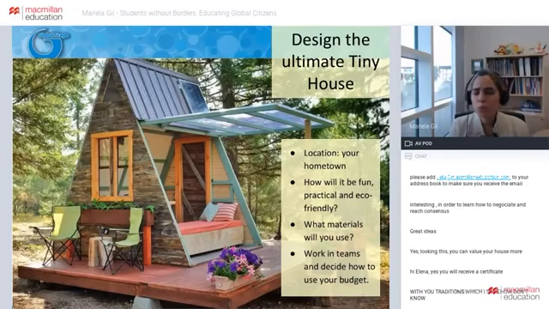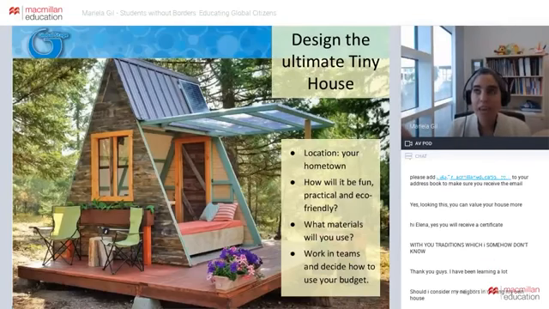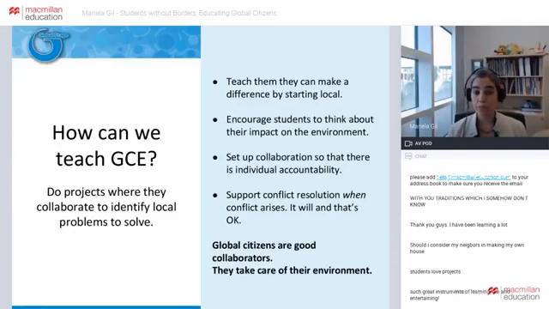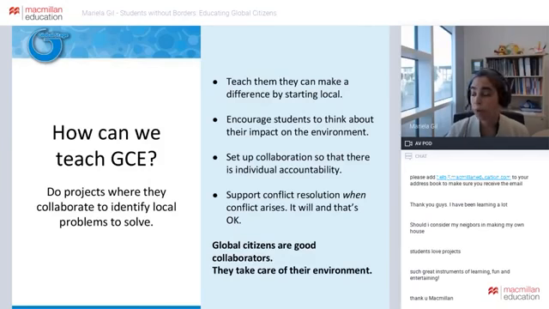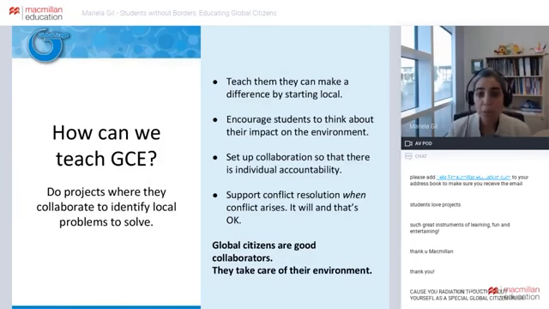So this is just one example of how you could take a typical project, design a home, and then incorporate global citizenship aspects to it. So what are the global citizenship aspects? We're starting local. We're having them notice their environment and how it works where they live, where they know. We're having them think about their impact on the environment.